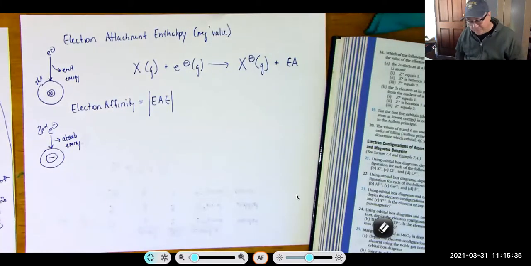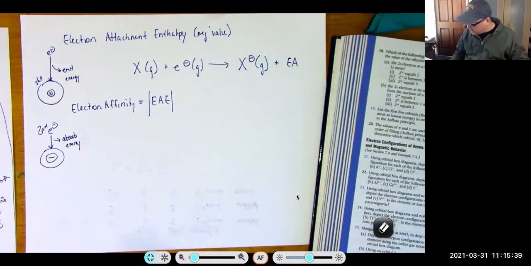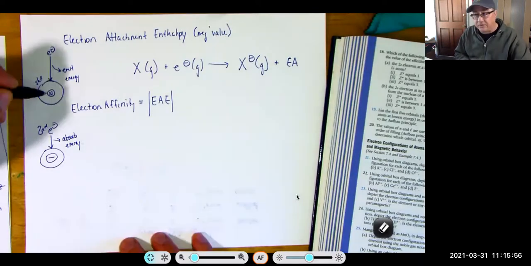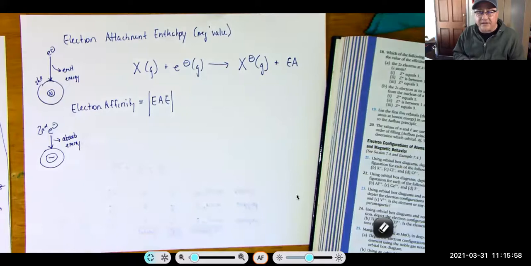So this is why the question says, what has the most negative attachment enthalpy? We're really looking for the biggest change in energy. What are the things that are going to impact the amount of energy released?